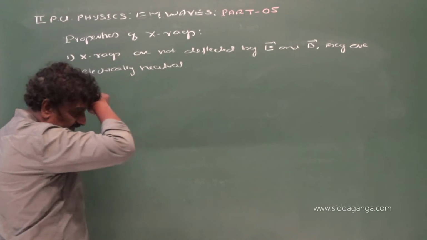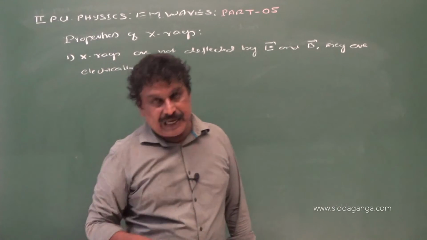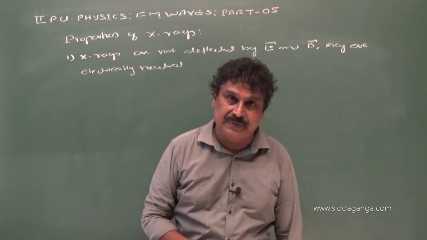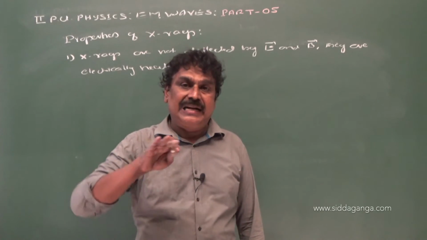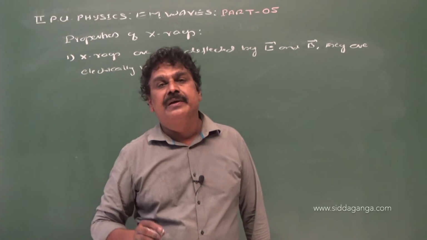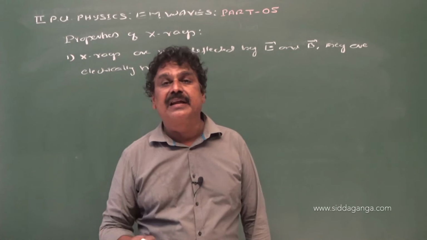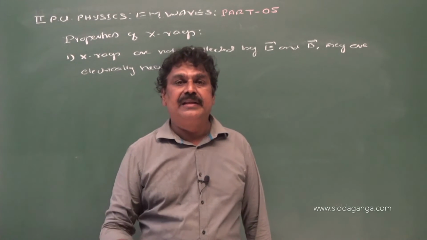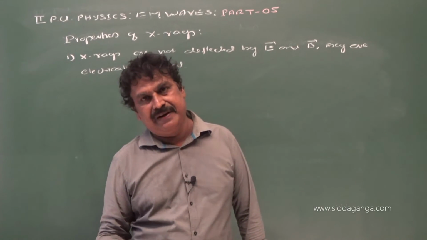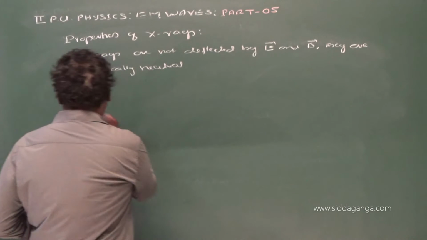So, this property is common to all electromagnetic waves, from gamma radiation to radio waves. Electromagnetic waves have electrical origin, an accelerated charge produces electromagnetic wave, but these waves are electrically neutral, they are not deflected either by electric field or magnetic field, but this property is common to all electromagnetic waves.